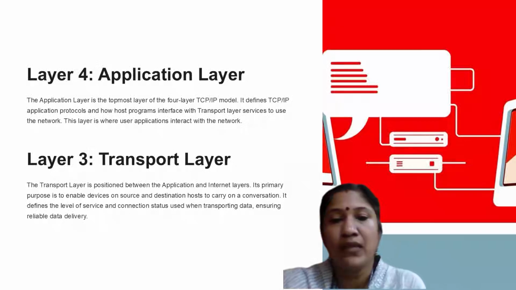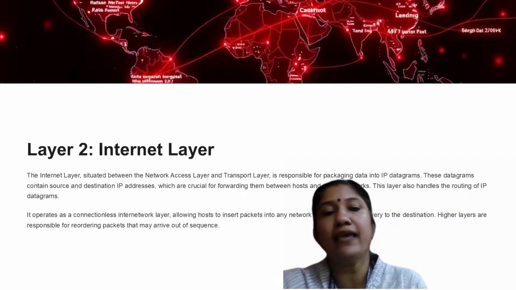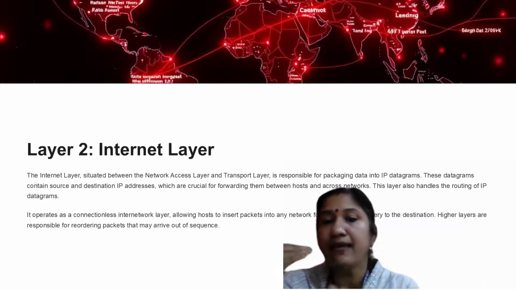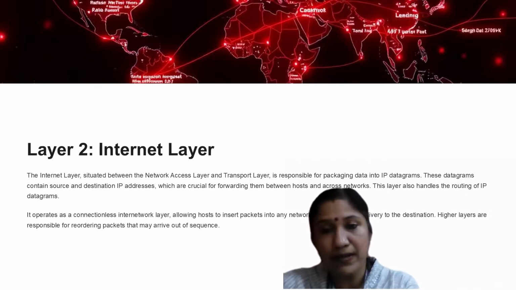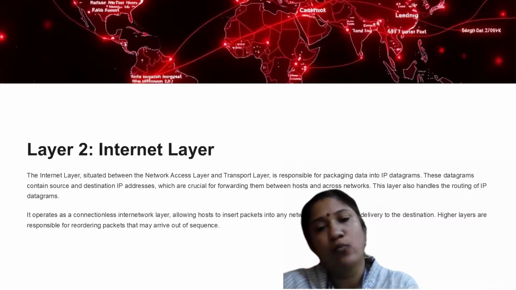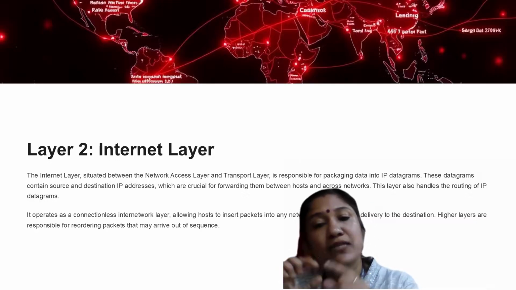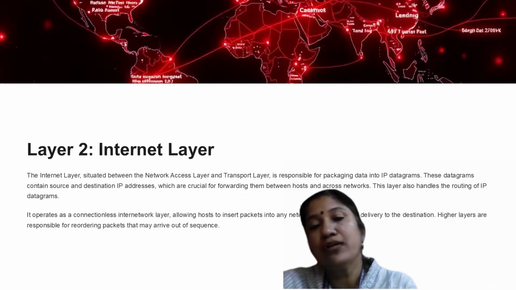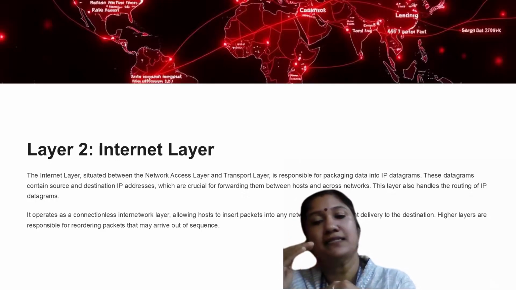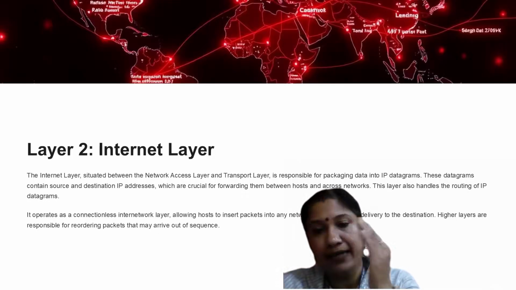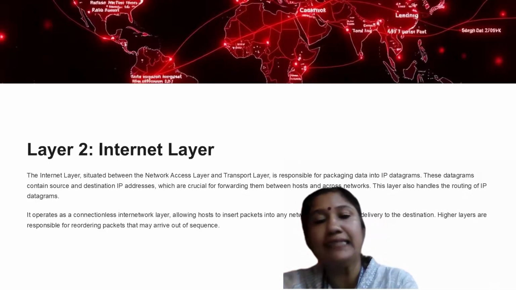destination point. Then coming to the internet layer, which is situated between the network access layer and the transport layer, its primary responsibility is packaging data into IP datagrams. Datagrams are the basic unit of transportation in the network. A datagram has a header portion and a payload portion, the header consisting of addresses and the data bits.